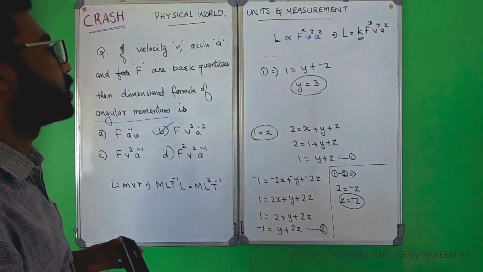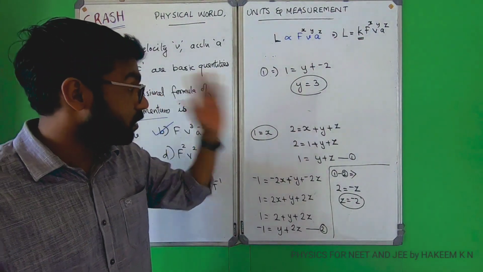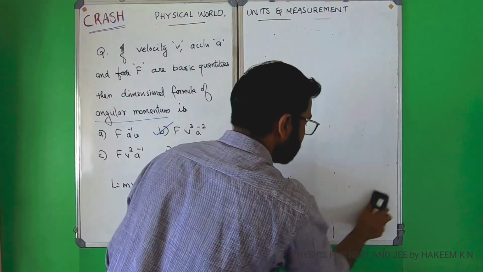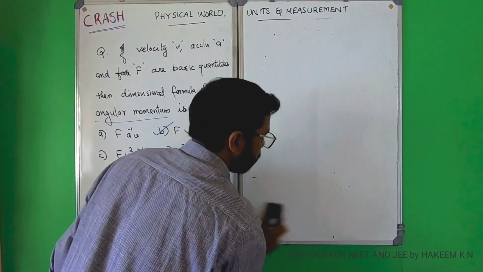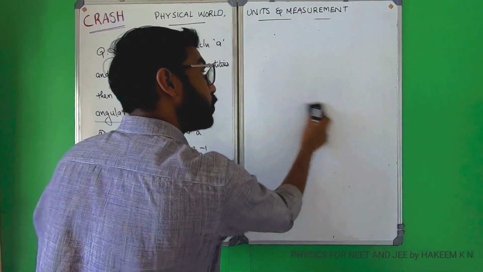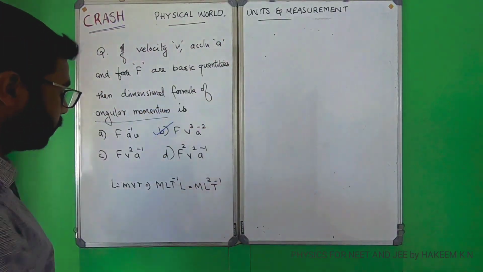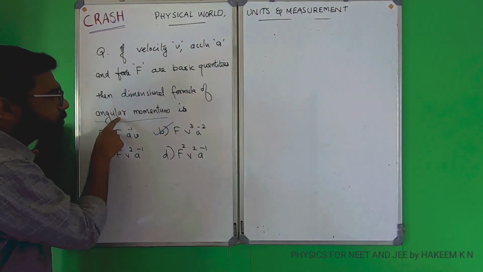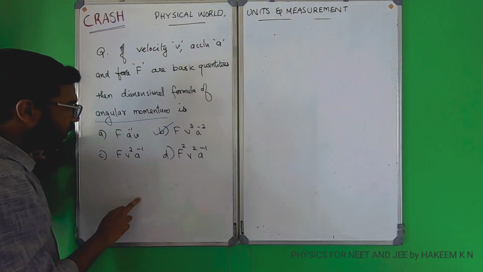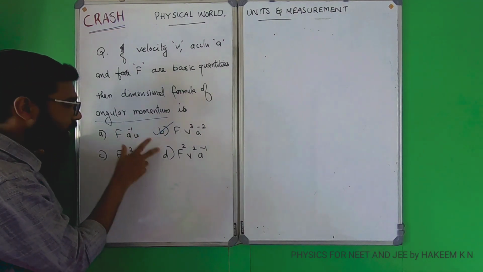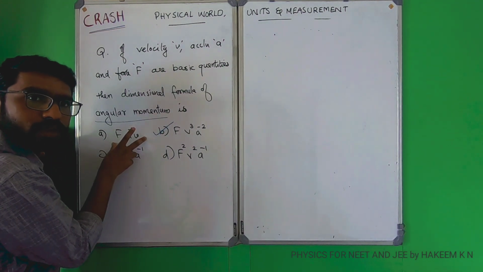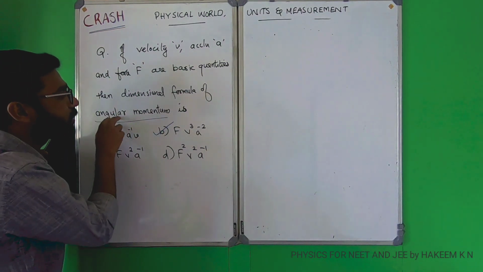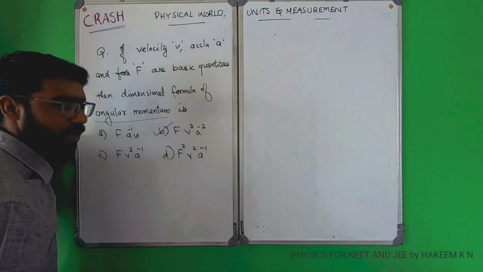Okay, this is the method to derive a relation between physical quantities using dimensional analysis. To solve this problem, you can apply one more method. Sometimes one method will be easy and sometimes the other. Find the dimensional formula of angular momentum, take each option and find its dimensions. The option that suits the dimensional formula of angular momentum will be the right answer.